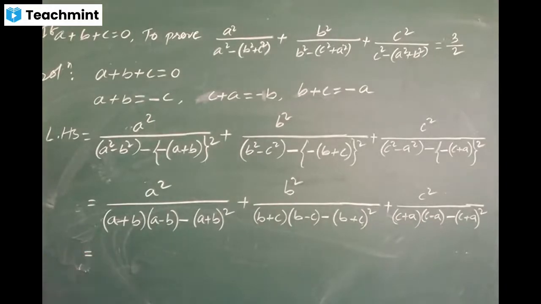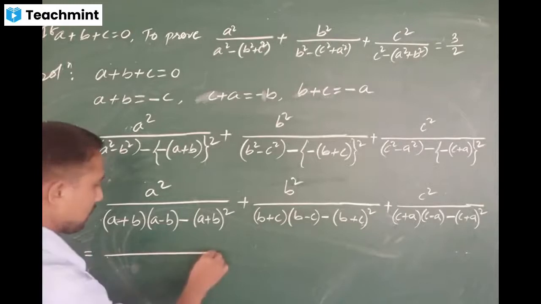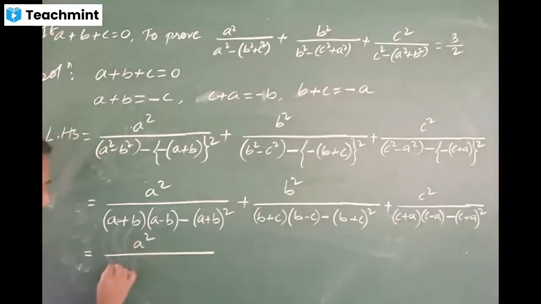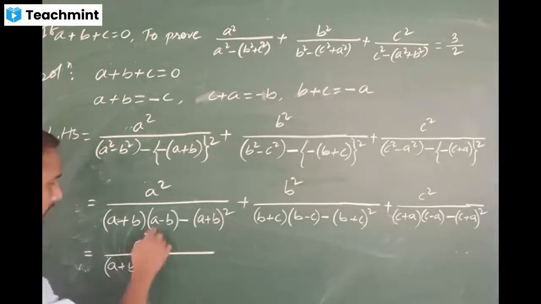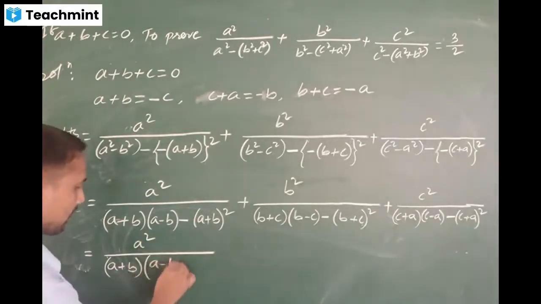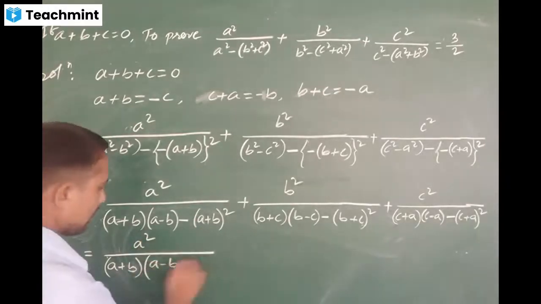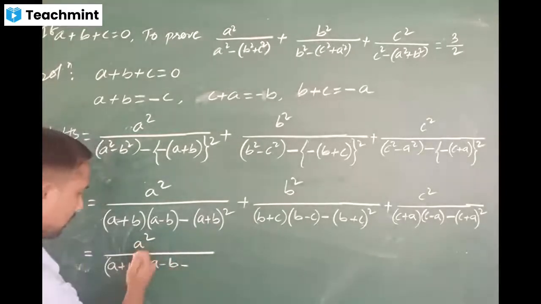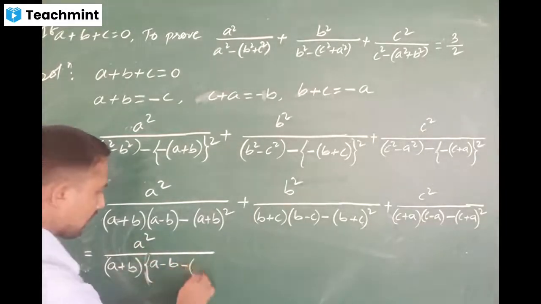Then here, a plus b, can we take common? a square, a plus b is taken common, then it is left a minus b minus a plus b.